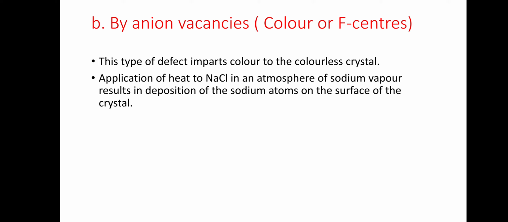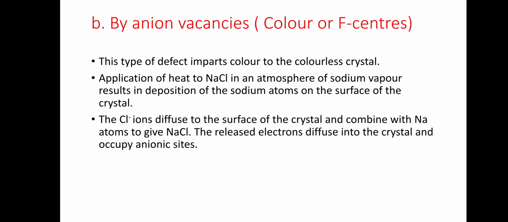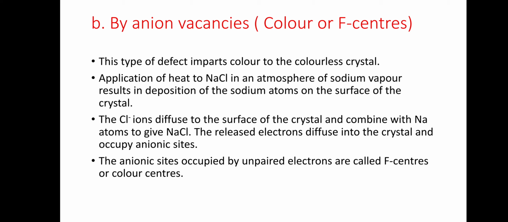For example, sodium chloride, when we heat it in the vapors of sodium, the sodium atoms deposit on the surface, and Cl- diffuses to the surface of the crystal and combines with the sodium atom to give NaCl. The released electron diffuses into the crystal and occupies the anionic sites. These anionic sites occupied by unpaired electrons are called F centers.